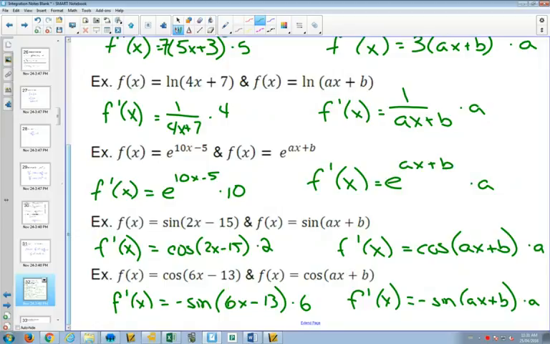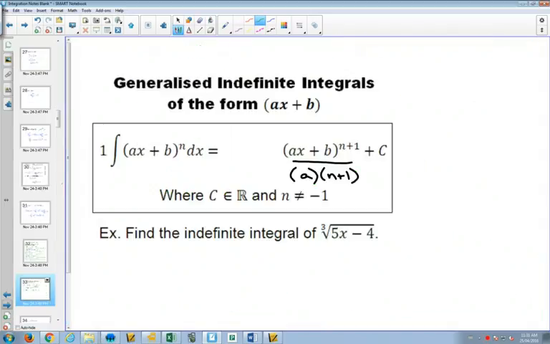And a is just some constant number. So because we have to do this over and over and over again, the idea is, well, if we were working backwards, if when we did the derivative we always had to multiply by a, when we're working backwards, we're going to need to find out that we're going to have to divide by a.